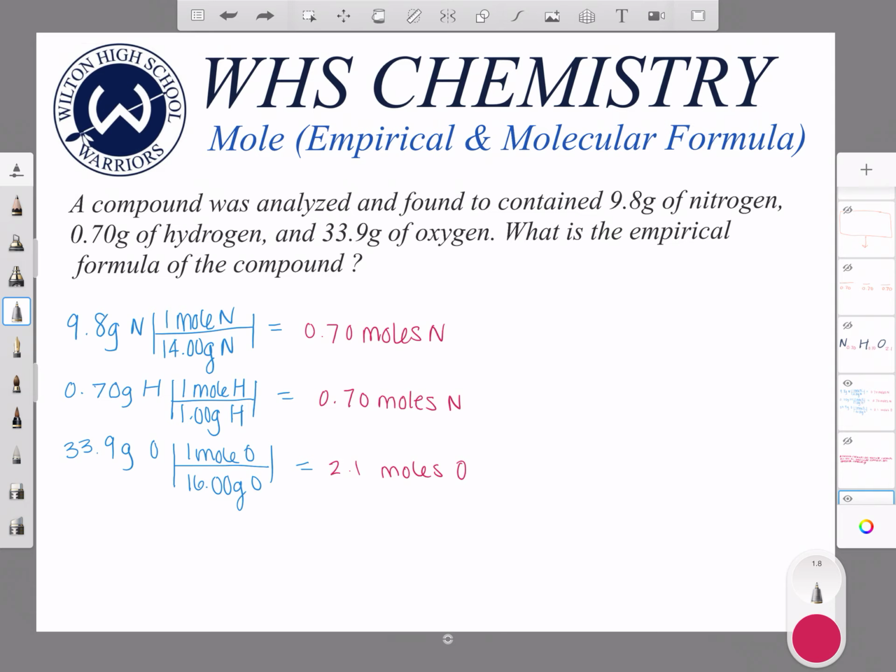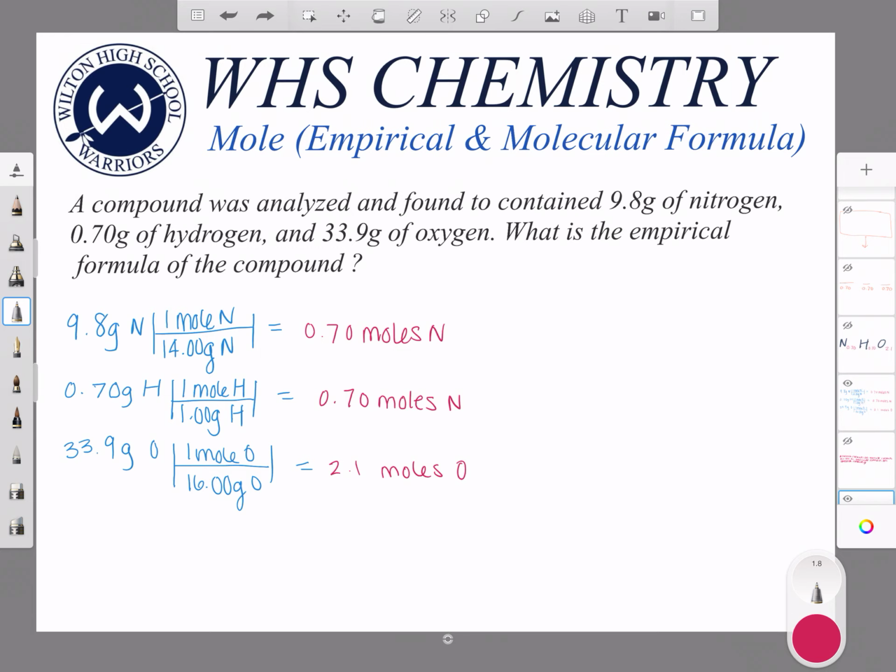We take the 9.8 grams of nitrogen and multiply it by 1 mole of nitrogen over 14.00 grams of nitrogen, which we get right off of the periodic table because it's the molar mass. Then we do the conversion and we get 0.70 moles of nitrogen.